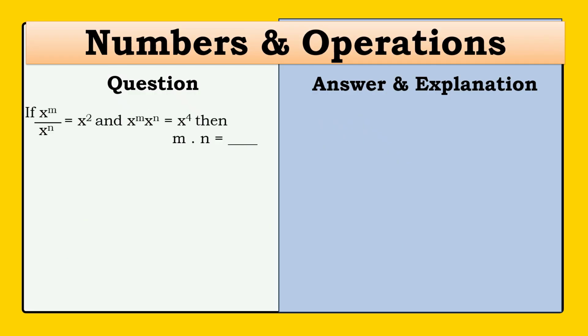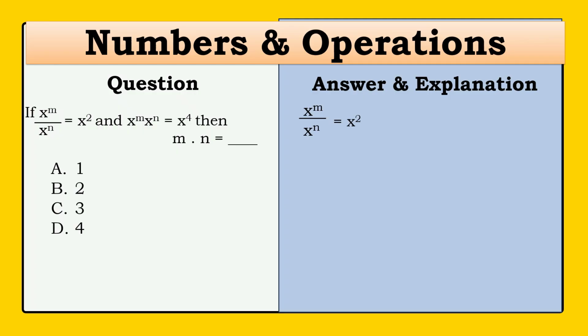If x to the m over x to the n is equal to x squared, and x to the m times x to the n is equal to x to the fourth, then m times n is equal to blank. A 1, B 2, C 3, or D 4. What do you think the answer? Alright, let's find out.